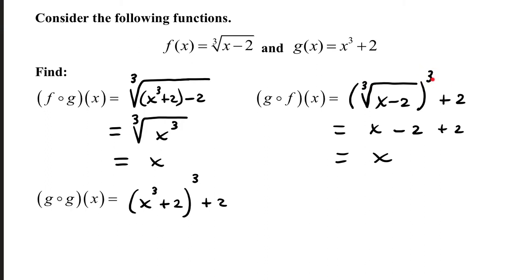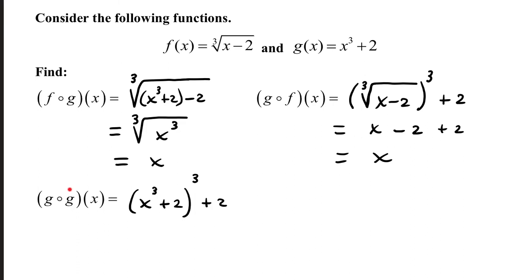The cube root and the cube cancel one another, leaving x minus 2 plus 2. Those zero out, leaving x. It turns out, and we're going to discuss that in a little bit, if the composition done both ways equals x, then these two functions are inverses of one another. They do the opposite operations in reverse order.